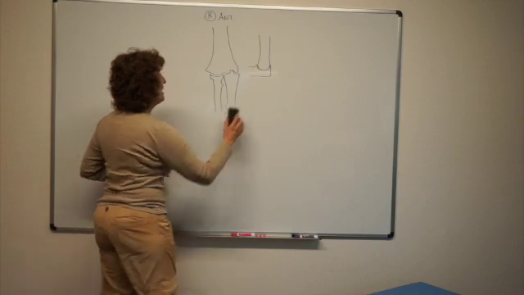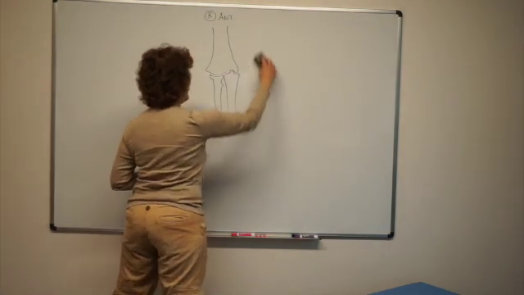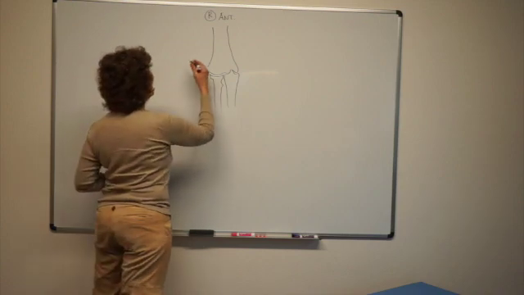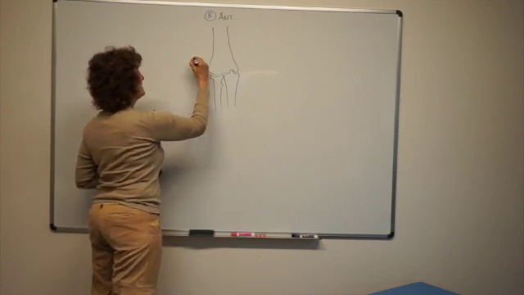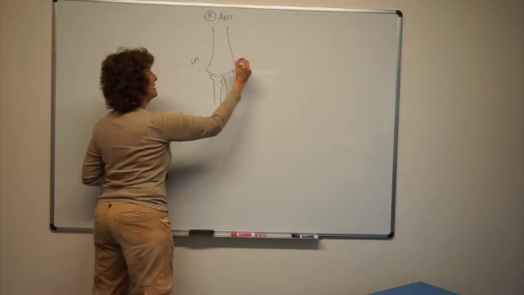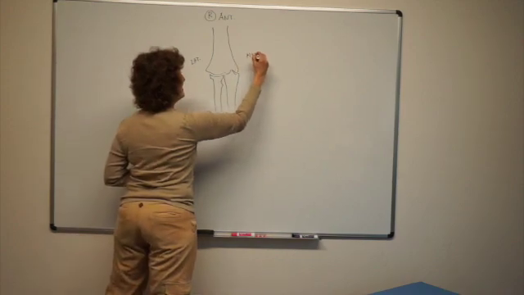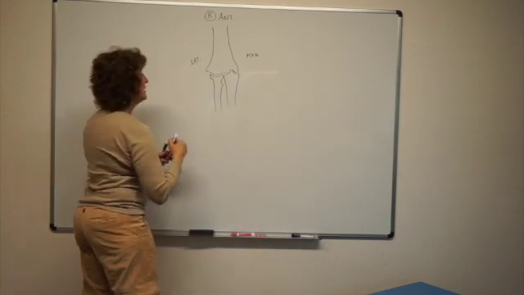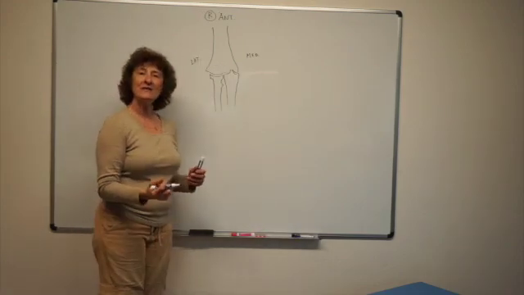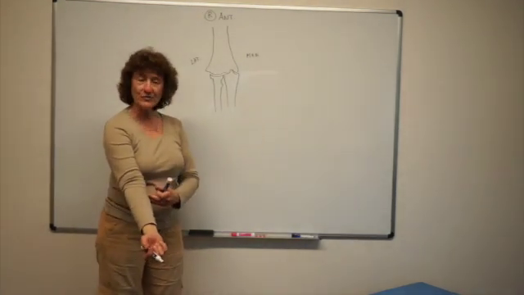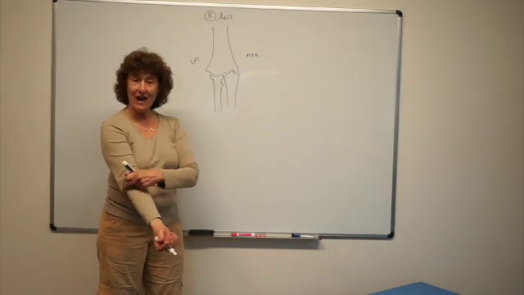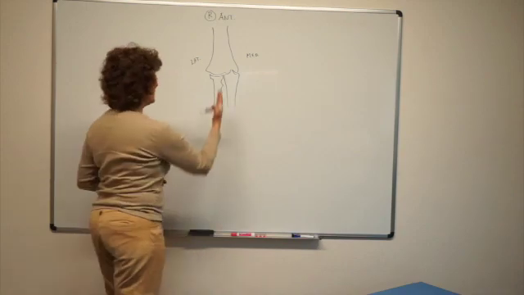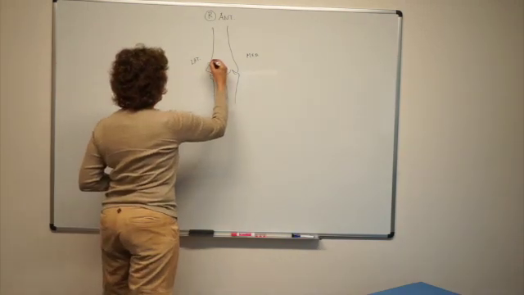Now, let's start by adding structures to stabilize this joint. Again, this is the lateral aspect, the medial. All hinged joints of the body have strap-like ligaments on either side to maintain stability and keep the joint on task with moving in one direction.